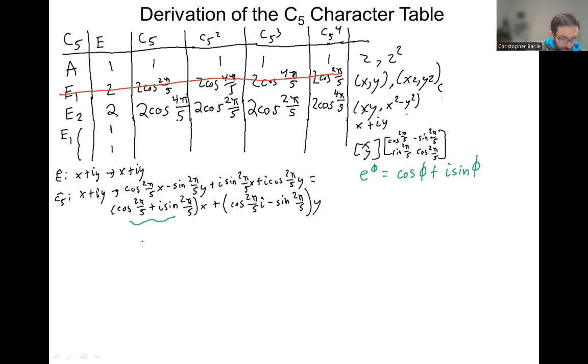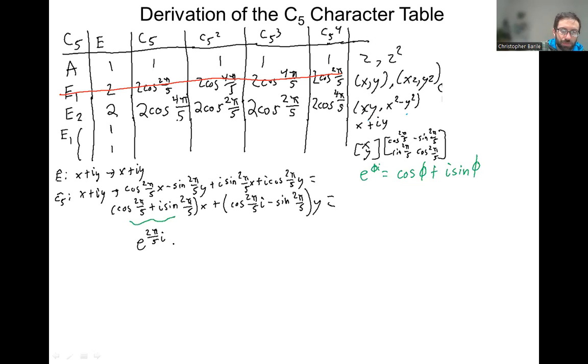So this in green here is equal to e to the phi I. Sorry, I forgot the I there. e to the phi I equals cosine phi plus I sine phi. So this value here is in that form, and it's telling you that in this case, phi is 2 pi over 5. So this simplifies to e to the 2 pi over 5 I.